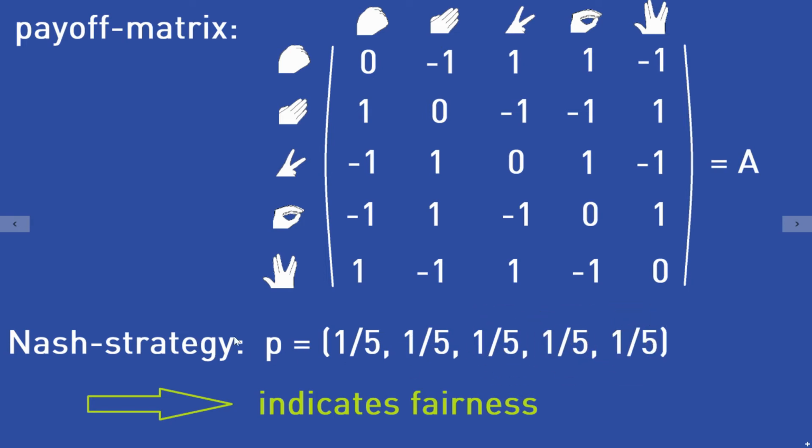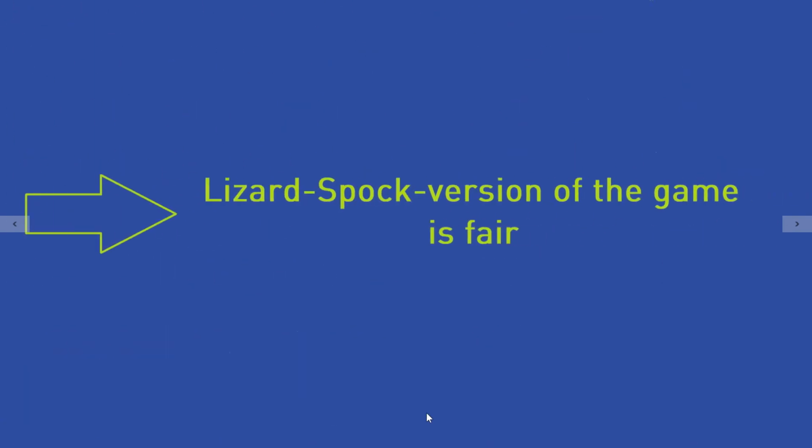So this here is the Nash strategy. This is very similar to the basic version of the game and indicates fairness. So because we have no figures that are better than others, we can say that the game is fair.